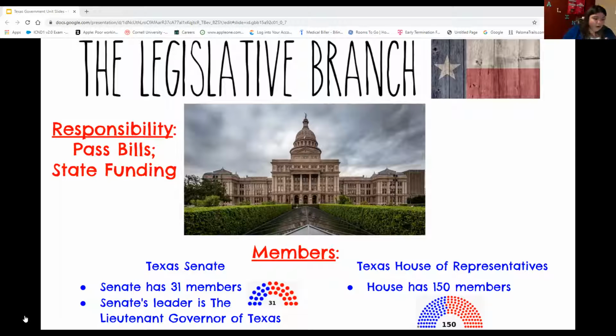Now, again, what you're going to understand is this is set up pretty simply. For Texas, we have members. We have the Texas Senate and the Texas House of Representatives, which is also a bicameral system.